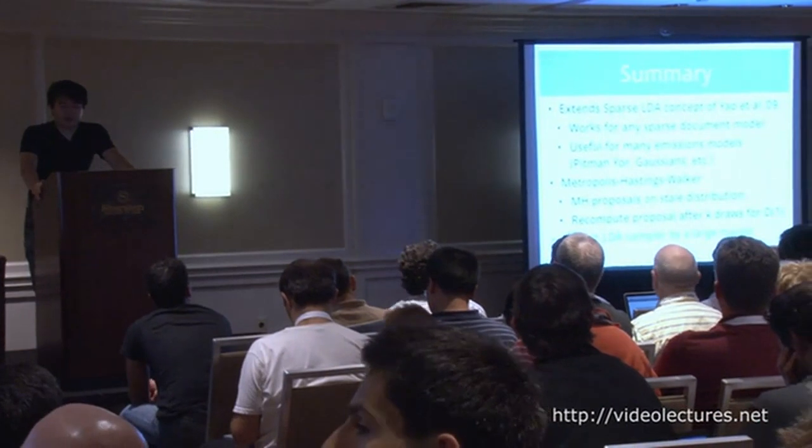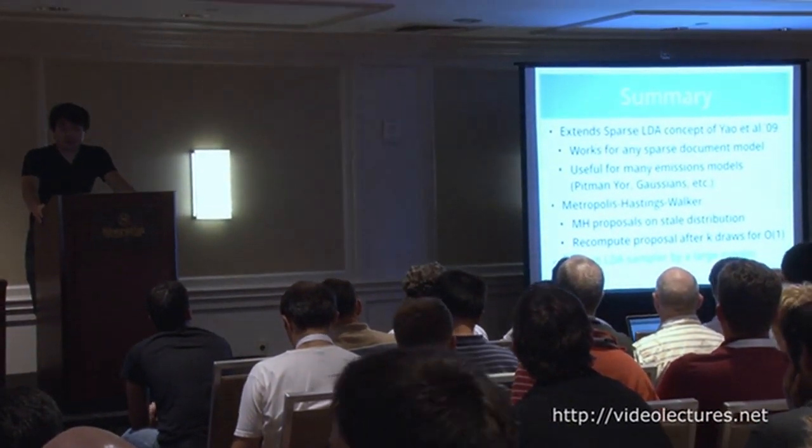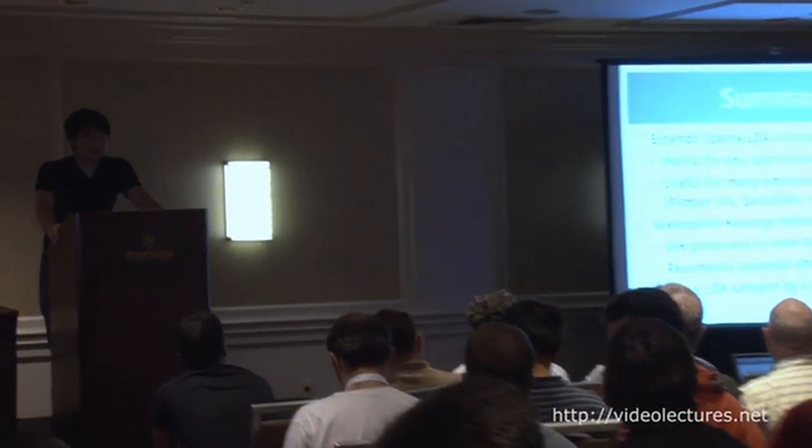And so to summarize, we showed four things. We showed a new way of sparse decomposition of general topic models. We also showed a new sampling method using the Metropolis-Hastings sampler and Walker's alias method.